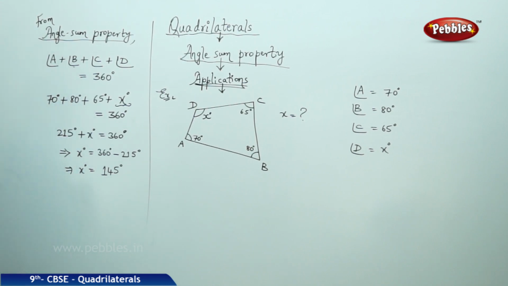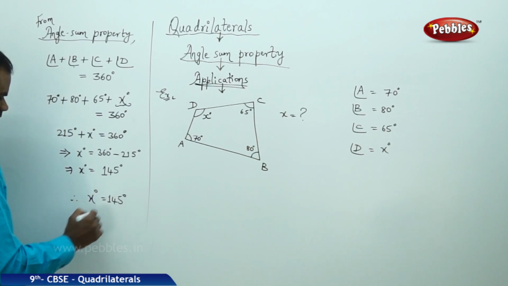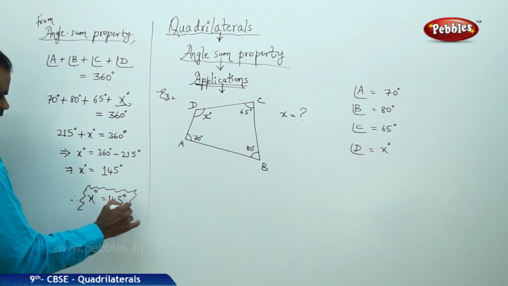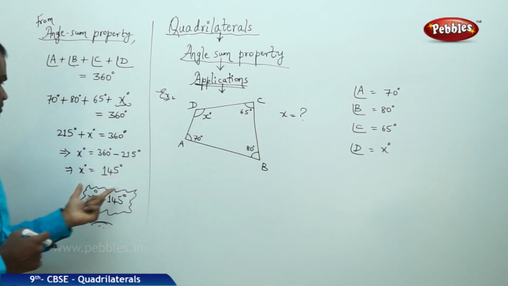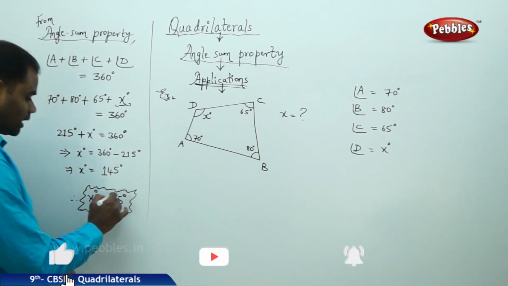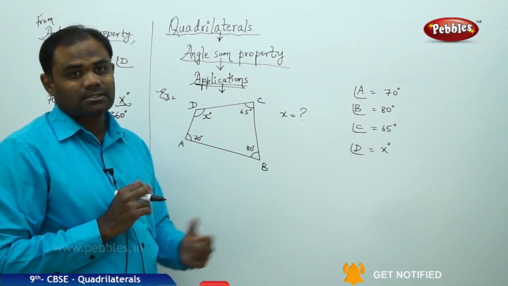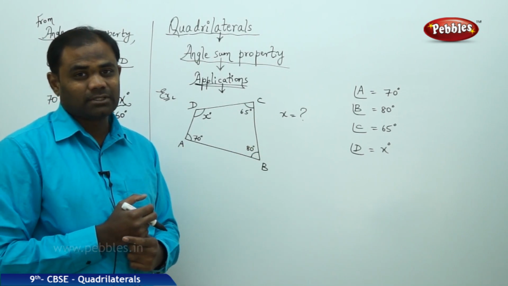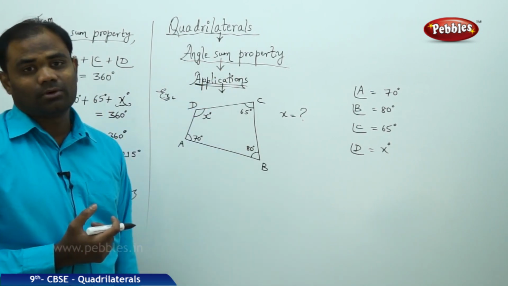Therefore, my X is 145 degrees, is what I get in terms of angle sum property. So my angle sum property, when simplified through each of the angles substituted, gives me X, that is my fourth angle, which is 145 degrees. So given the three angles in a quadrilateral ABCD, I can find the fourth or the unknown angle using angle sum property.